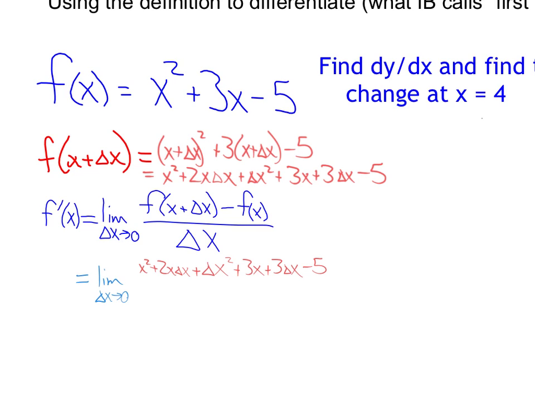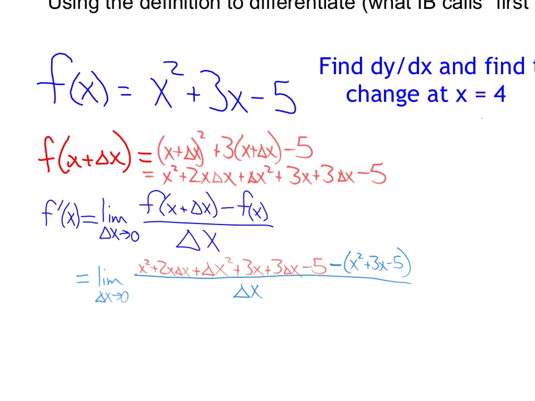That's just this part right here. Now I need to subtract the original function, so minus x squared plus 3x minus 5. And this whole thing is over delta x.